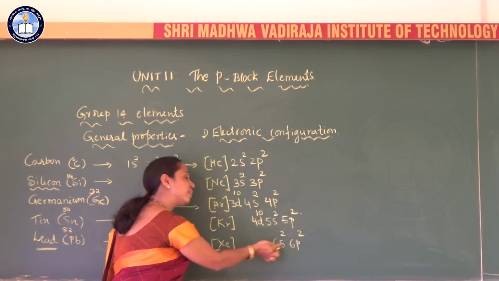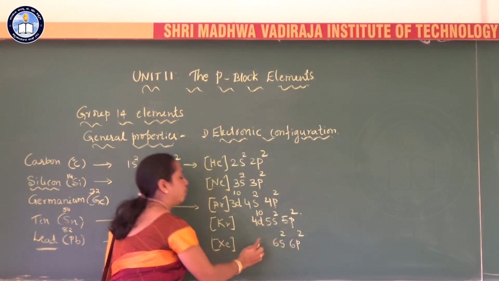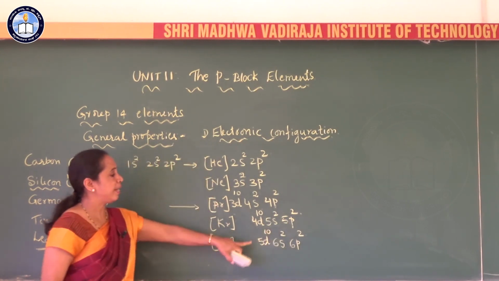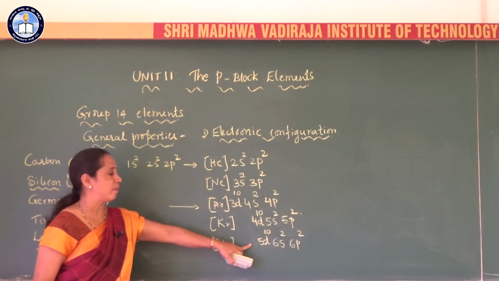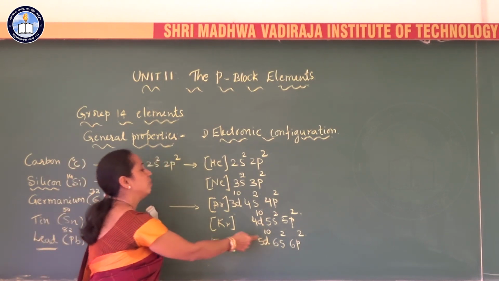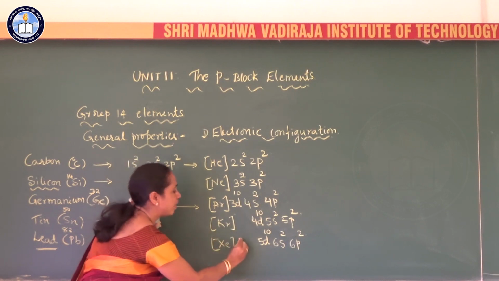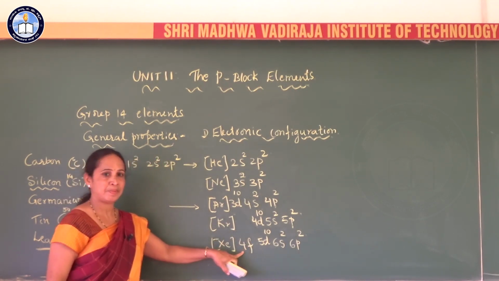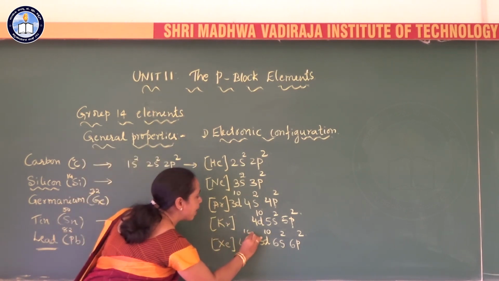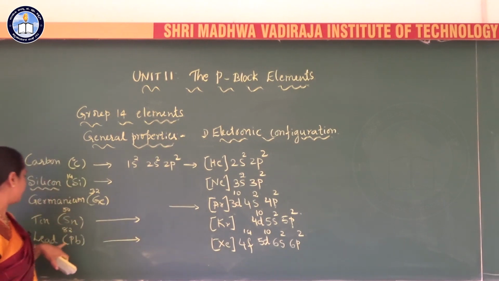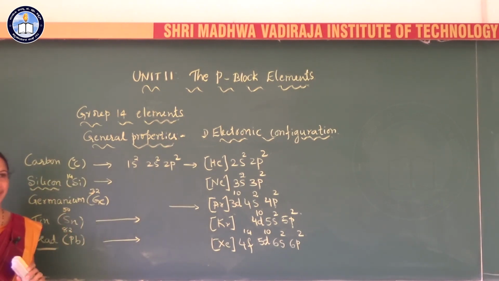And before the sixth shell, inside there is the 5d orbital, which can accommodate a maximum of 10 electrons. Children, you know that before this 5d, in the fourth shell the f orbital comes. So the 4f subshell is there, and the f subshell can accommodate a maximum of 14 electrons. So altogether 82 electrons are there.